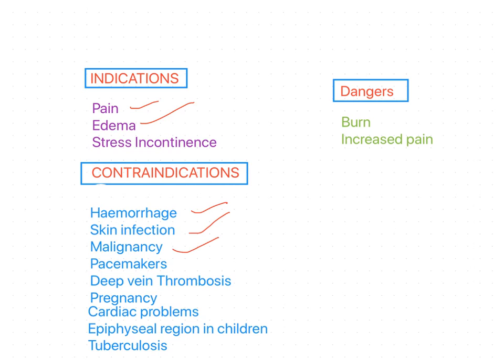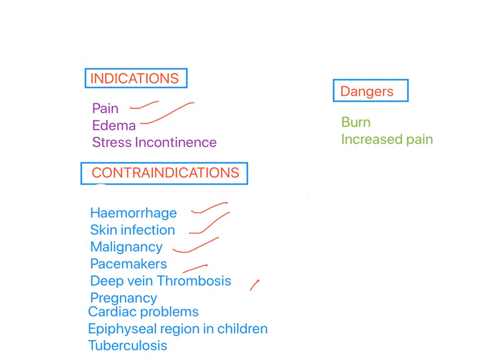And if you see the pacemakers, some people have a fear of interferential currents affecting the functioning of a pacemaker. It should be avoided over the region of anterior and posterior chest. Okay. Deep vein thrombosis, as the enhanced circulation produced may break the thrombus leading to embolism. It should be avoided in deep vein thrombosis.